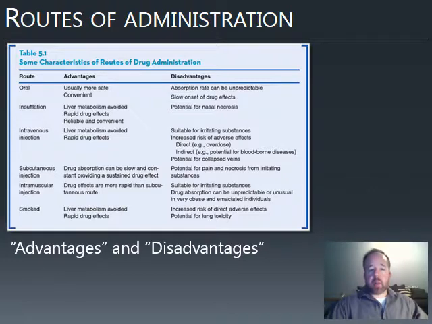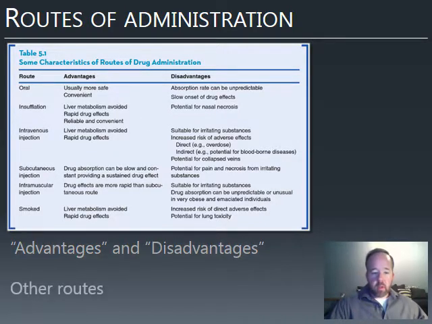Intravenous is typically more rapid, but not as rapid as inhalation. So a lot of these methods vary in terms of how quickly the drug will get into the system. Also, whether it'll be metabolized by the liver, and what the effects are if the substance is toxic in some way.